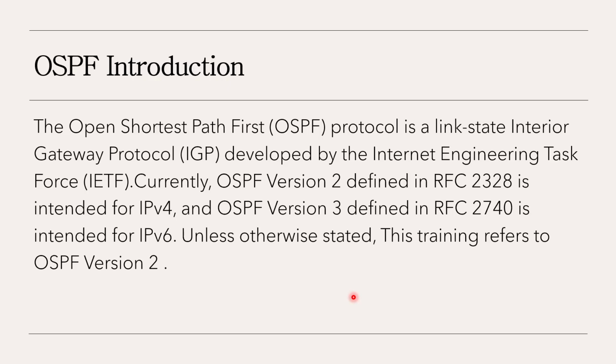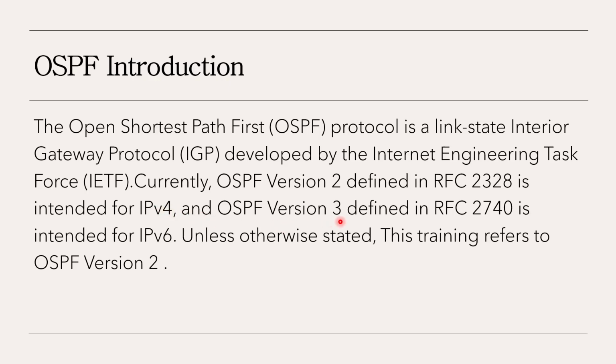So let's go. The OSPF protocol is a link state interior gateway protocol, which was developed by the Internet Engineering Task Force. Currently, OSPF version 2 is defined in RFC 2328 and is intended for IPv4, the Internet Protocol version 4, which you might already have basic knowledge about.